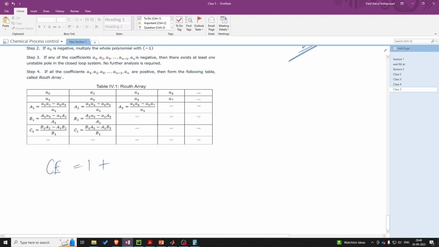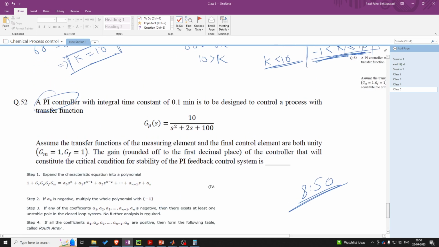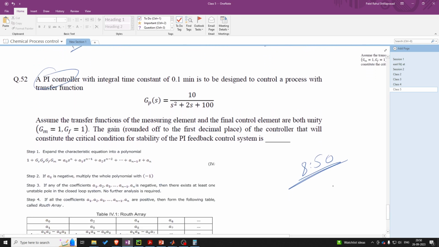as 1 plus product of all the block diagram, that is GC, GB, GM, GP. Now for the PI controller, we need to write the transfer function model. So for PI controller, we have the transfer function as C of S upon E of S, which can be written as Kc into 1 plus 1 upon tau I into S. So this transfer function model we need to use.